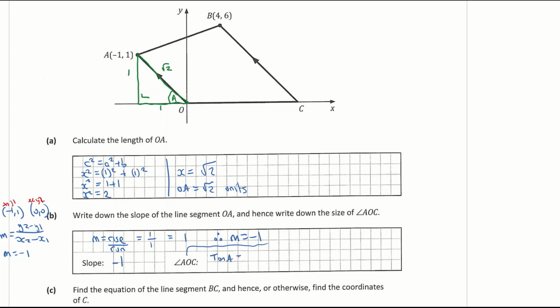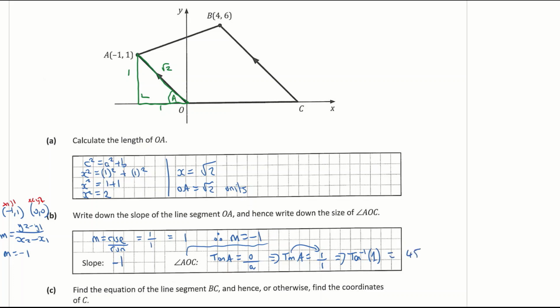So tan angle is opposite over adjacent, which would give me tan angle is equal to opposite, which is 1 over 1. Moving over, I get a tan inverse of 1. And the tan inverse of 1 is 45 degrees.